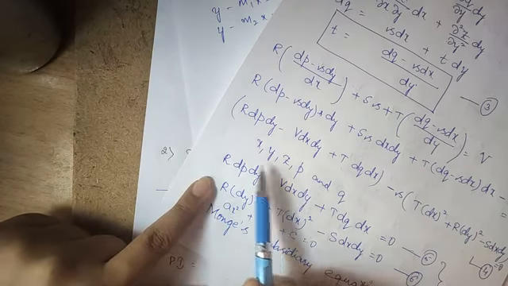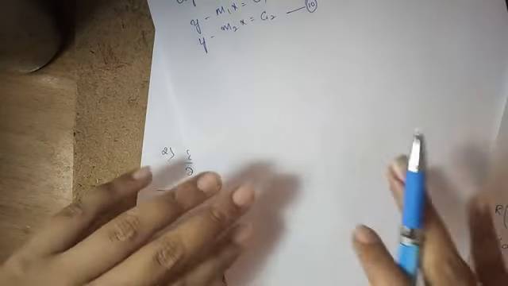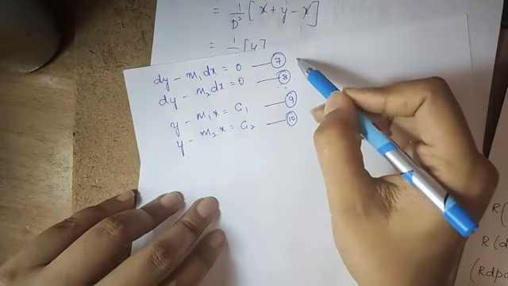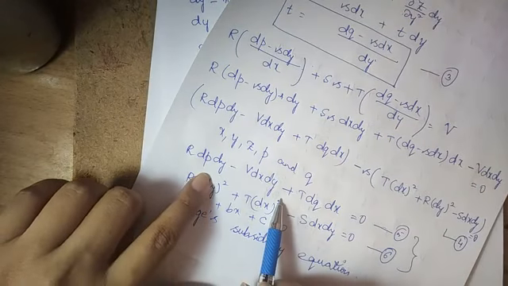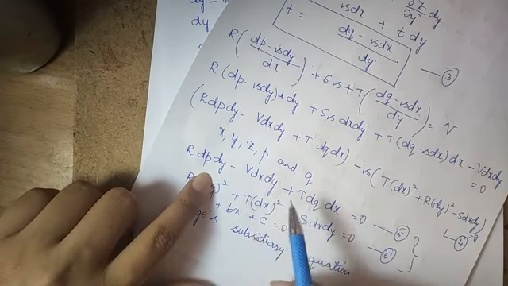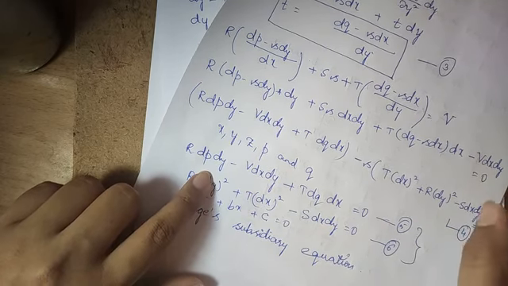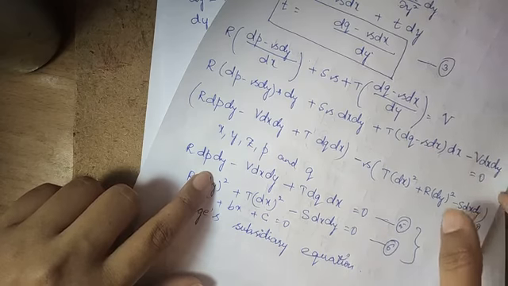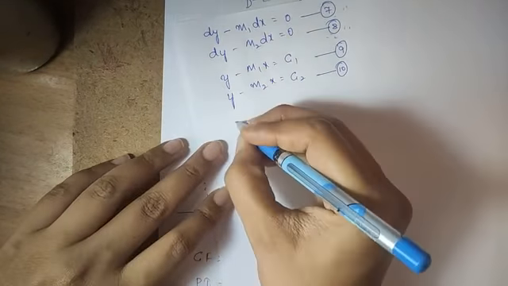But you cannot solve equation 5 directly. So what I am doing is substituting these 2 values in equation number 5 and trying to find out the resultant equation.